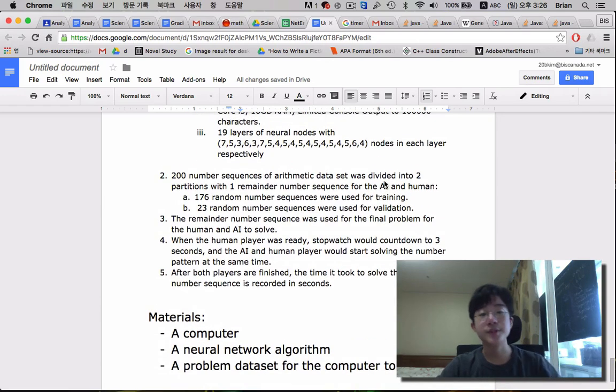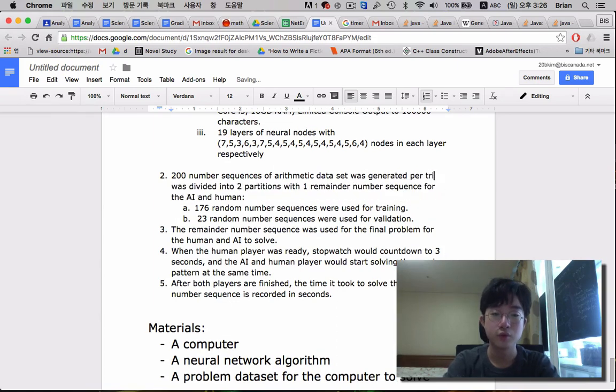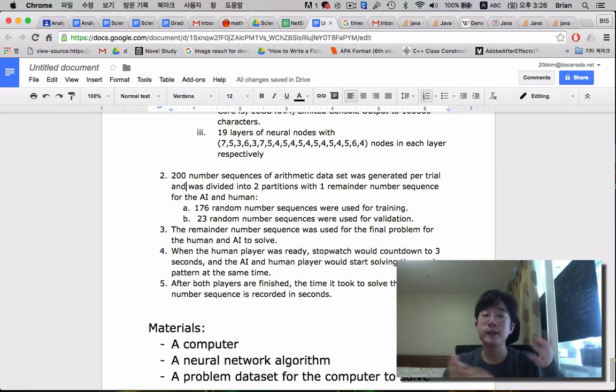So here's the process. This is for the AI. 200 number sequences of arithmetic data sets will be generated per trial, and will be divided into 2 partitions with 1 remainder number sequence for the AI and human to solve.